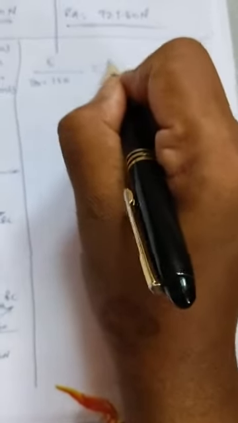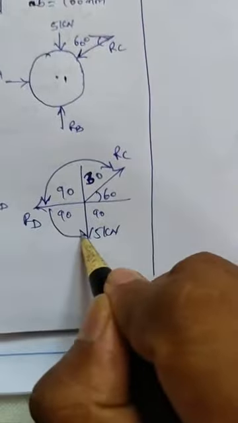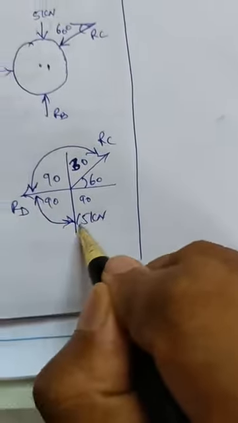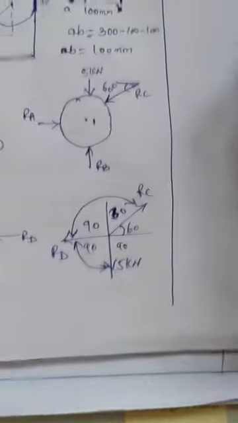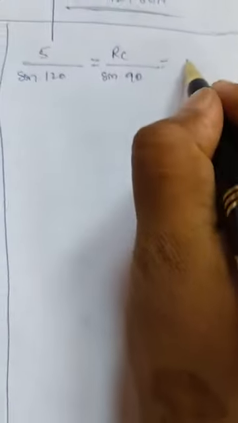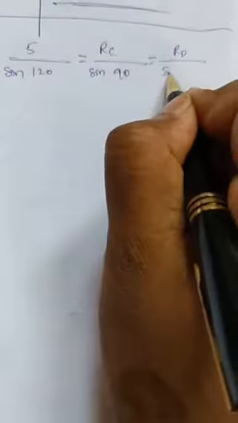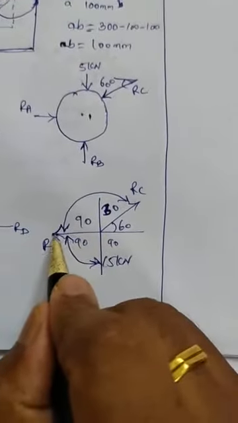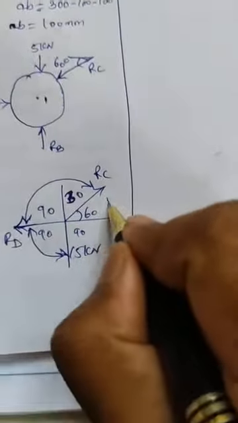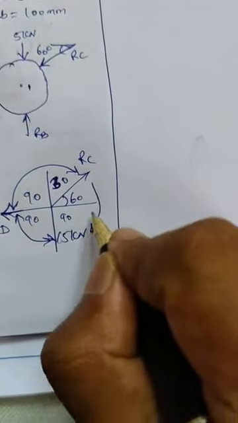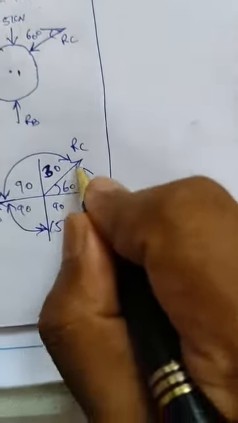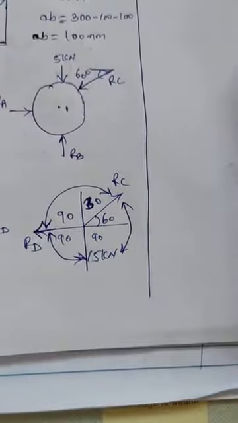This equals RC divided by sine of the angle between the opposite two forces, RD and 5 kilonewton, which is 90, equals RD divided by sine of the angle between the opposite two forces, RC and 5 kilonewton, which is 90 plus 60, which is 150.